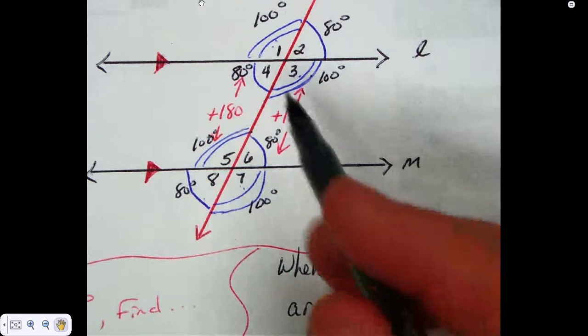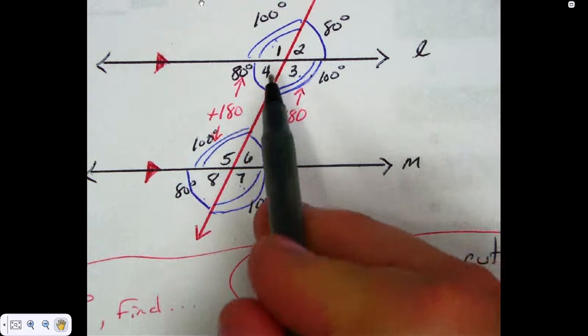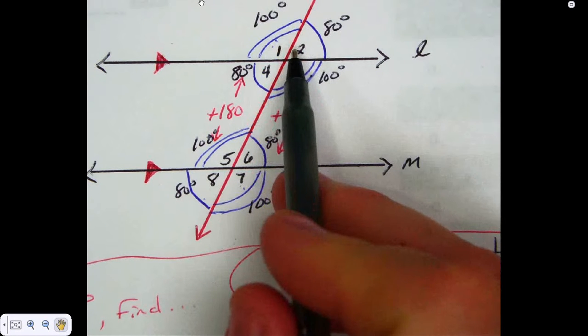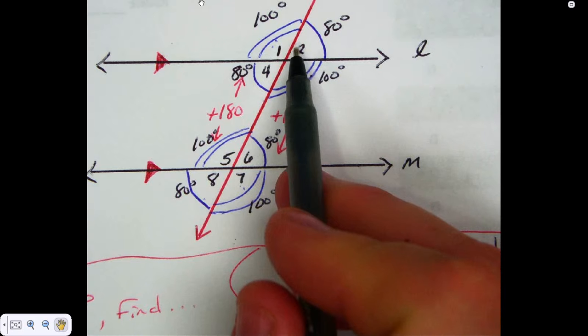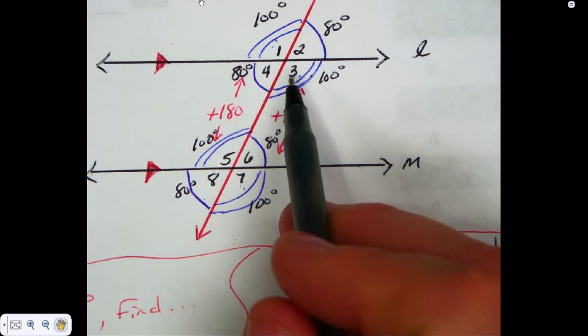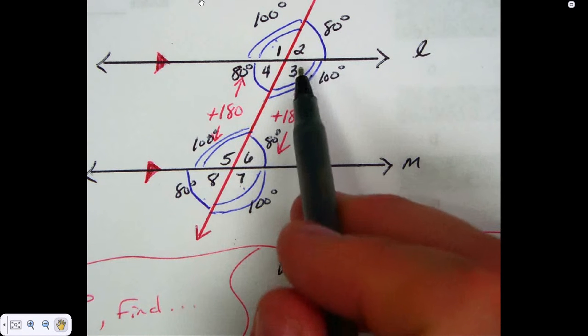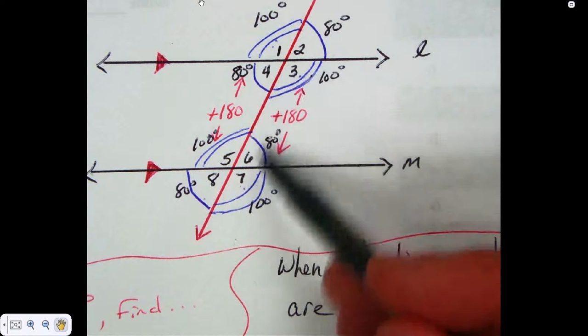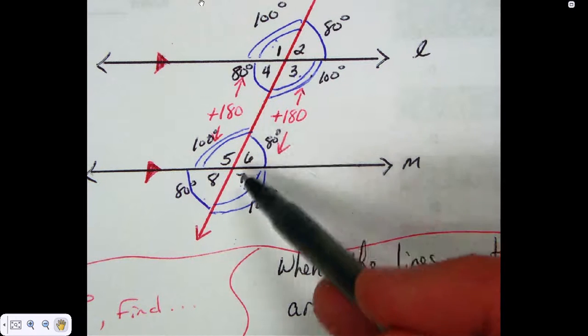Here's the thing. If you'll notice, angle 1 is beside angle 2, right? What are they? Use the word. Supplementary. Angle 1 is on top of angle 4. What are they? Angle 4 is beside angle 3. What are they? Angle 2 is on top of angle 3, and they are? Is angle 3 on top of angle 6? It is, isn't it?